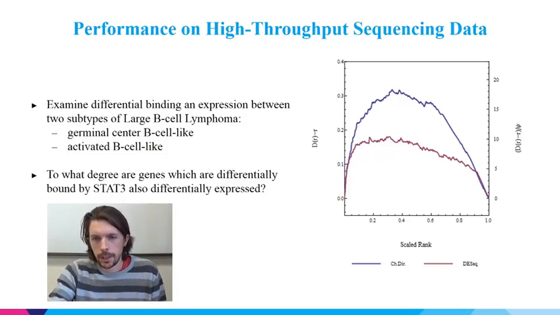And you can see that the characteristic direction prioritizes those genes differentially associated with differential DNA binding of STAT3 to a much greater extent than DE-seq. So this further provides confidence that this is a good method to use, even in the context of high-throughput sequencing.